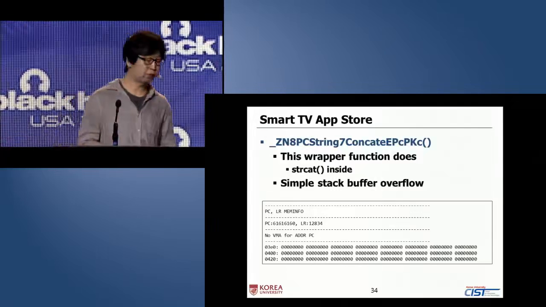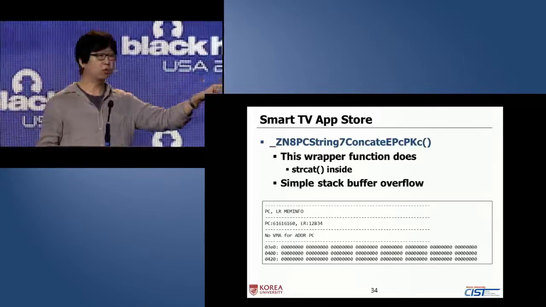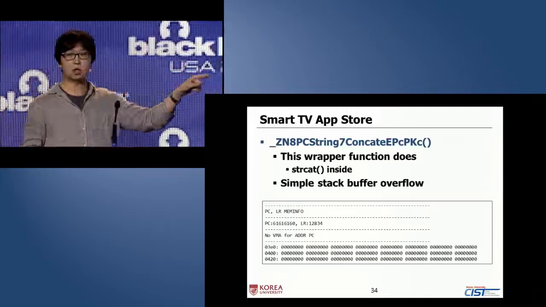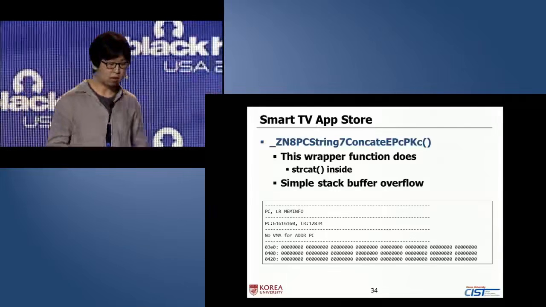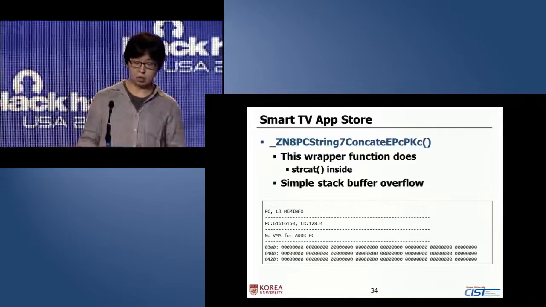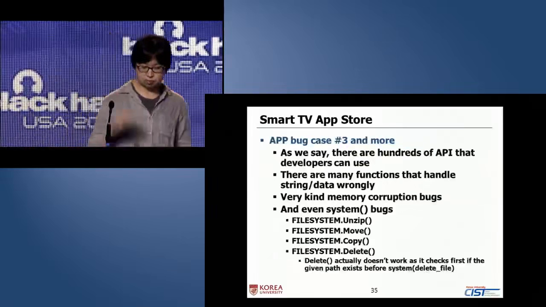So this is from the UART menu, the UART port. You see that the PC register is changed. The PC is the EIP in Intel. So I gave them a really long string. So yeah, it's a very 1999 simple overflow.